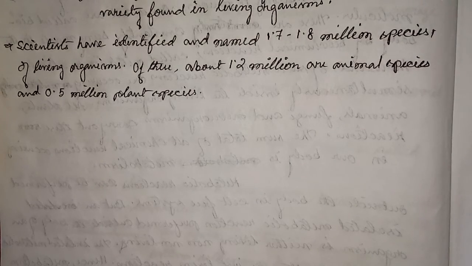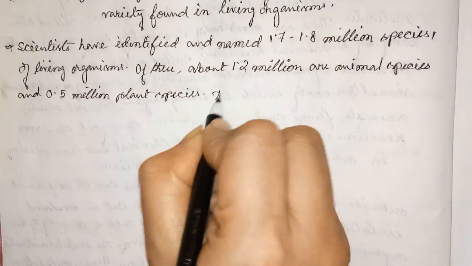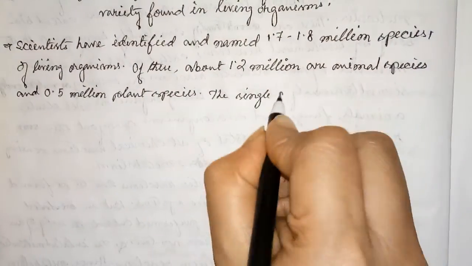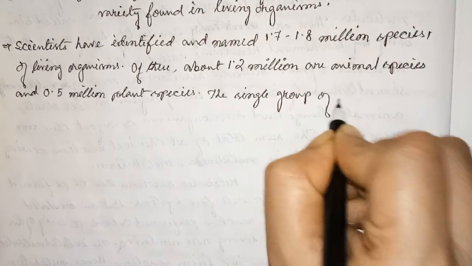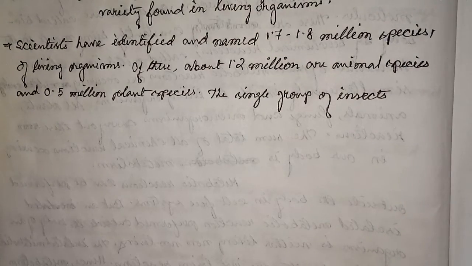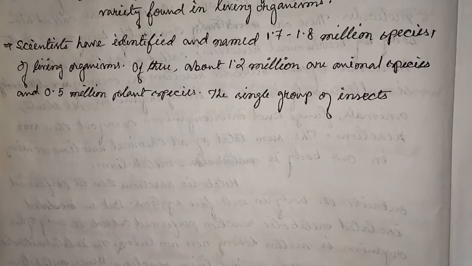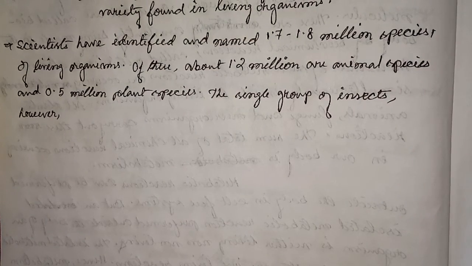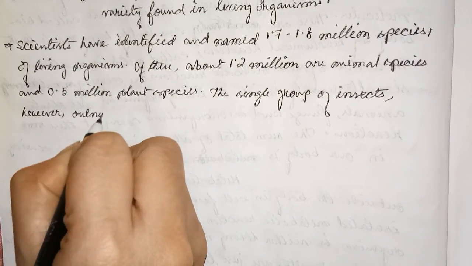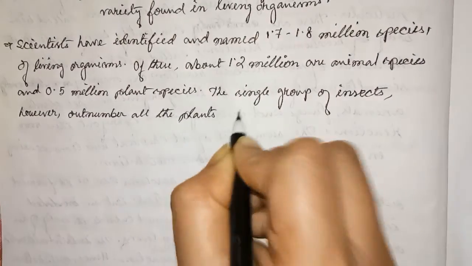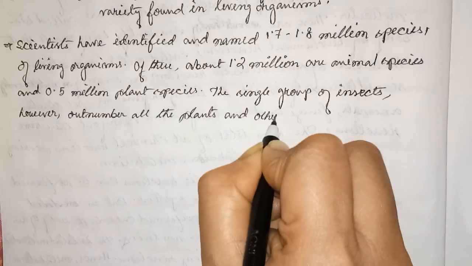The single group of insects, however, outnumbers all the plants and other animals.